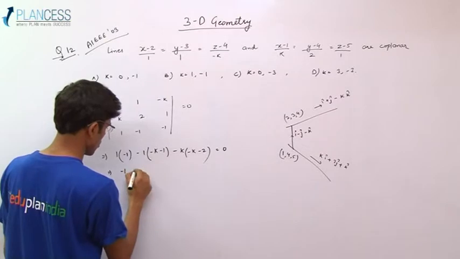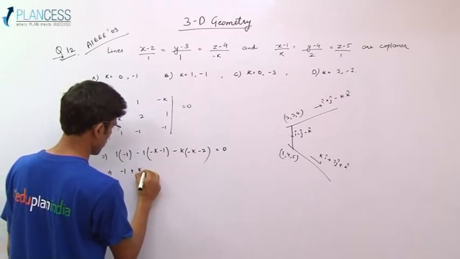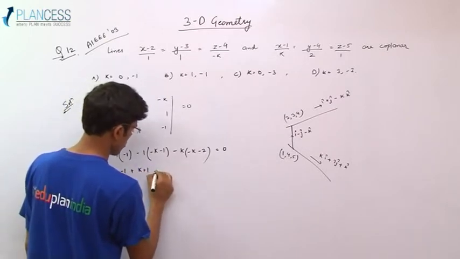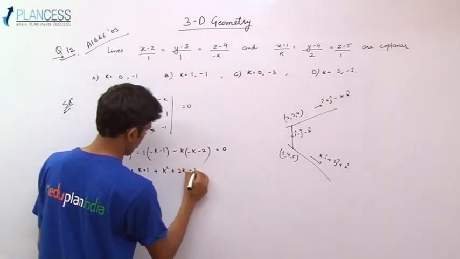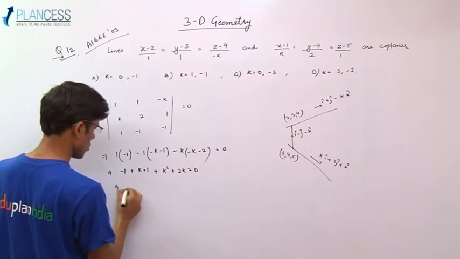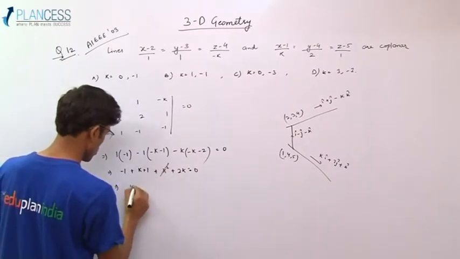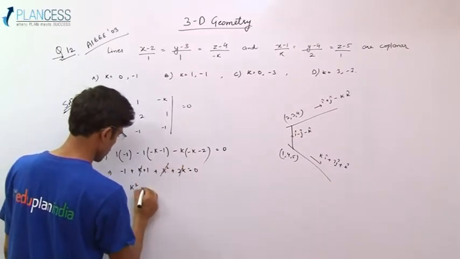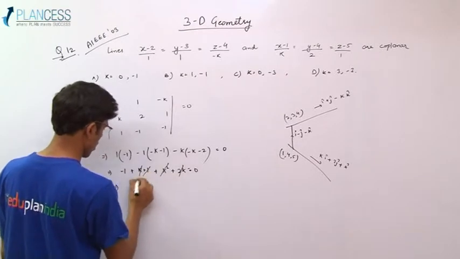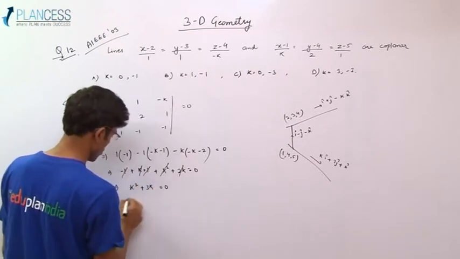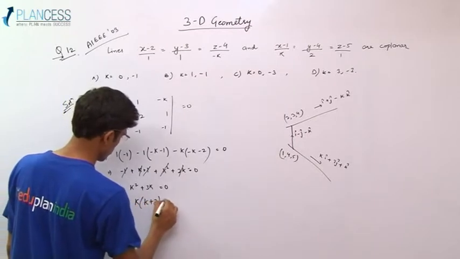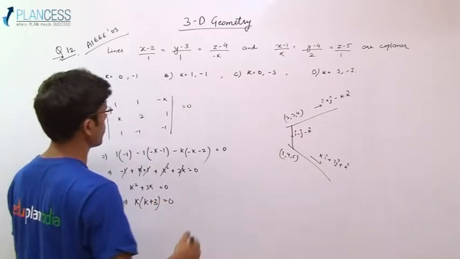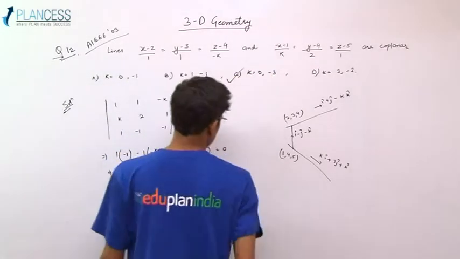So this is plus k plus 1, this is plus k square plus 2k is 0. So this is k square plus 3k is 0. So k into (k plus 3) is 0. So k is either 0 or k is minus 3. So this is the answer.